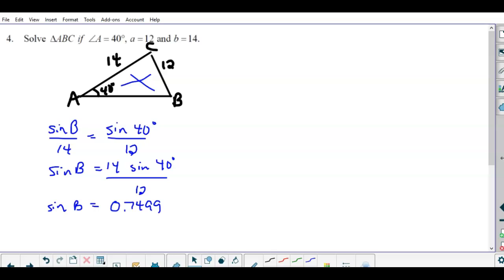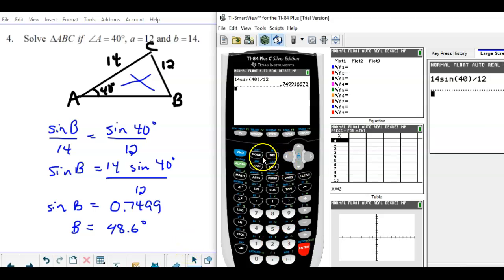Okay, so, oh yeah. This is C continued. That's why it looks familiar. So if you look back up at C, we got 48.6. Okay, but let's pretend, because I'm a little slow this morning. So we got 48.6 from that work in our calculator.